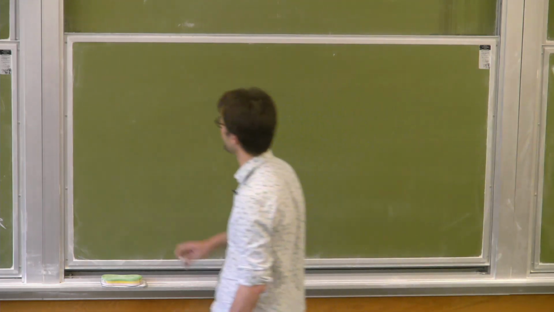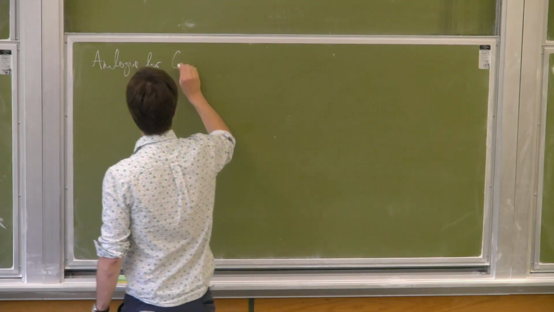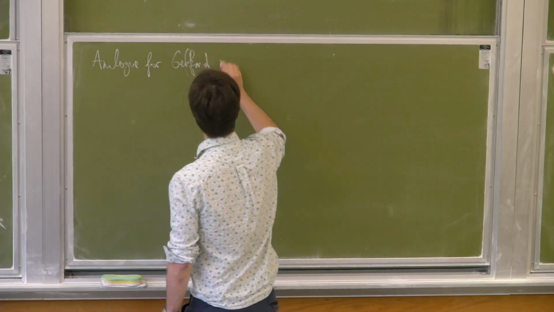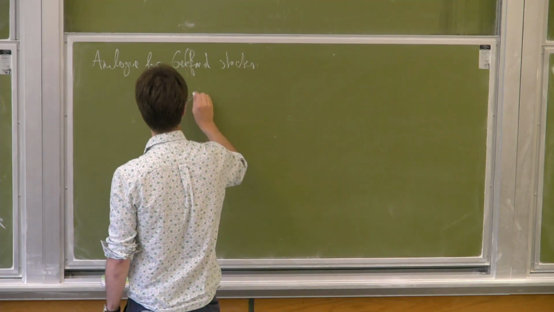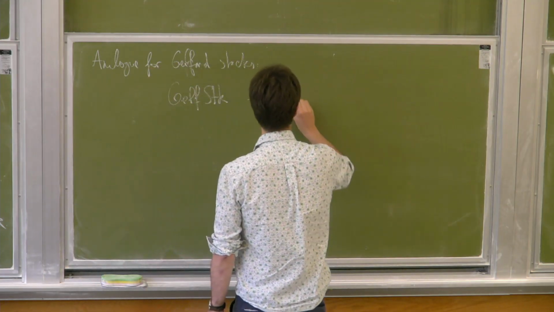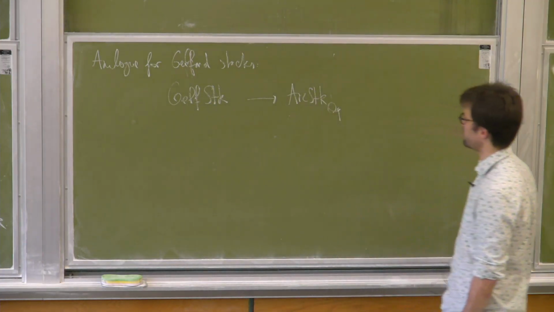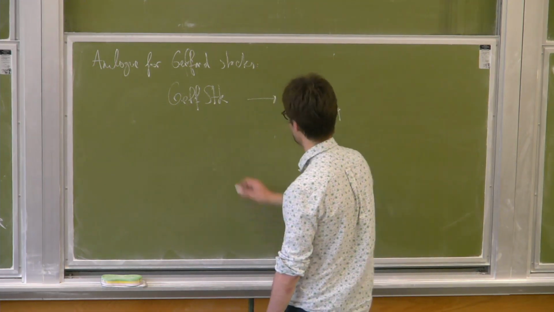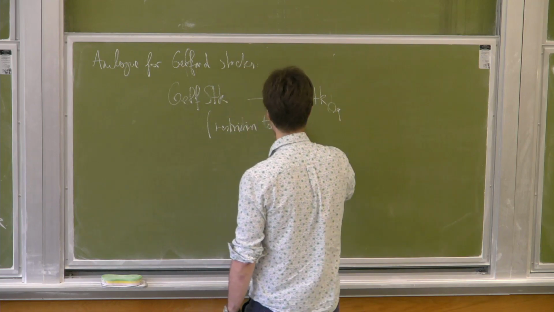So what is the analog for Gelfand stacks? I never managed to write this. So you have again a restriction functor from the category of Gelfand stacks to the category of arc stacks over Q_p, which is again basically just restriction from arbitrary Gelfand rings to perfectoid rings over Q_p.